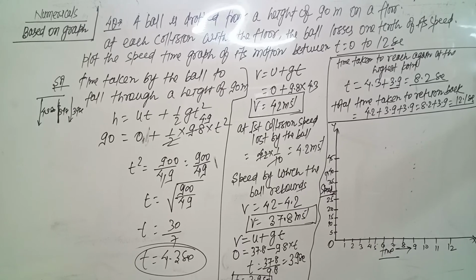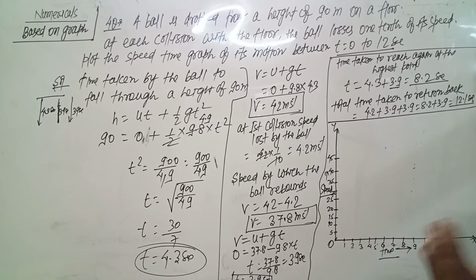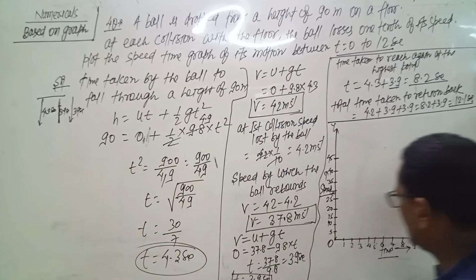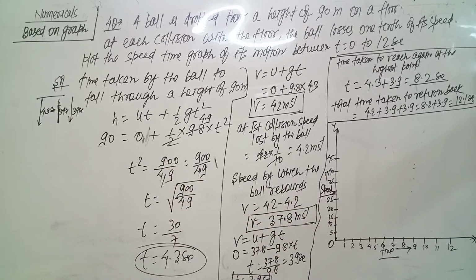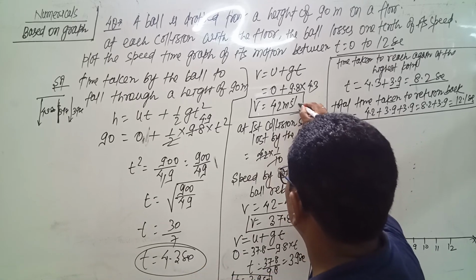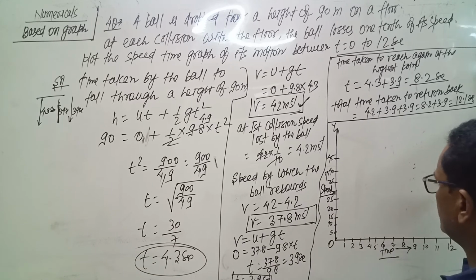Now the first motion: the initial speed was 0 when the ball was dropped from a height of 90 meters, and it will take 4.3 seconds. At time t equals 4.3 seconds, the speed attained is 42 meters per second.